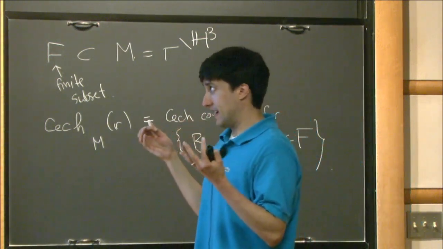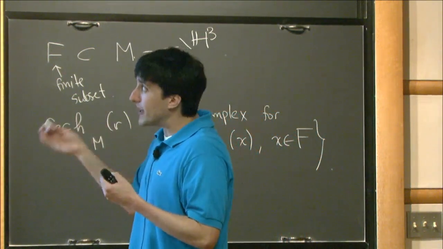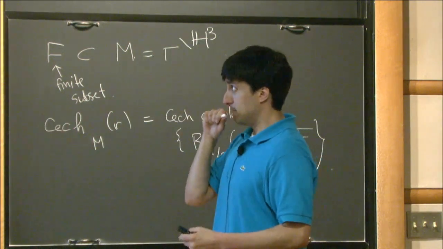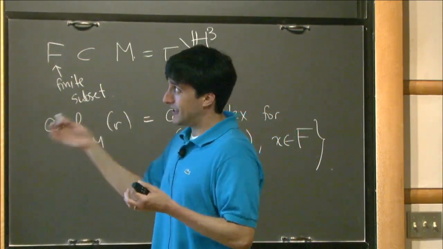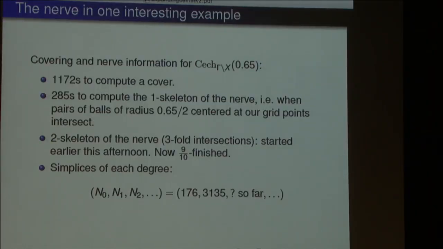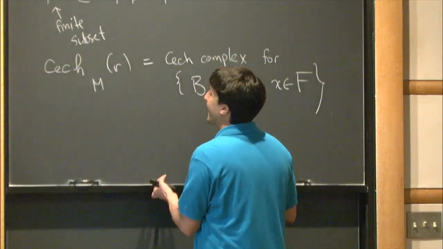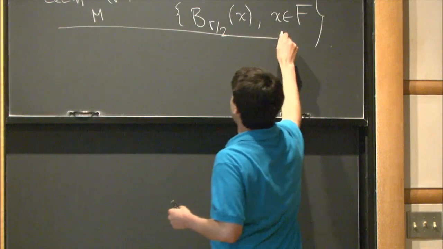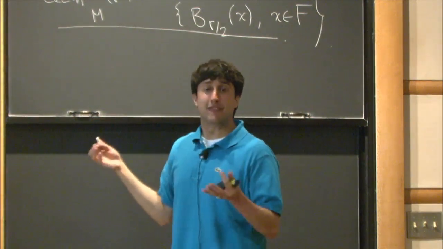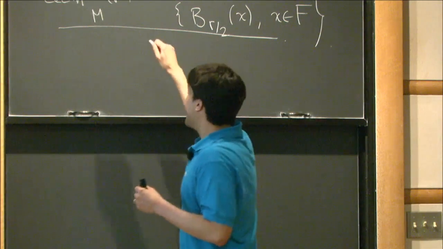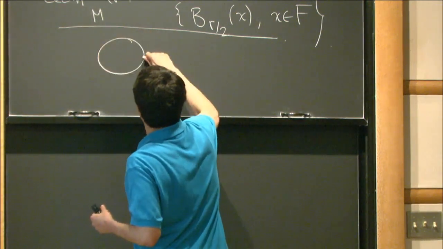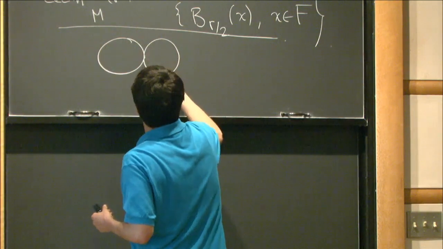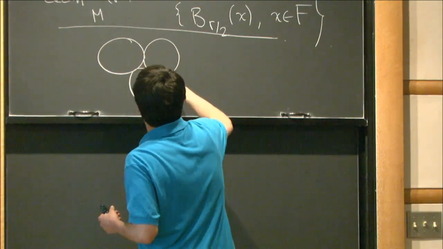I want to spend a while describing, at least in principle, how you might reduce the computation of the Čech complex to a tractable problem. It's kind of a subtle thing, even in the Euclidean plane. You can certainly have three balls in the Euclidean plane that are mutually tangent.